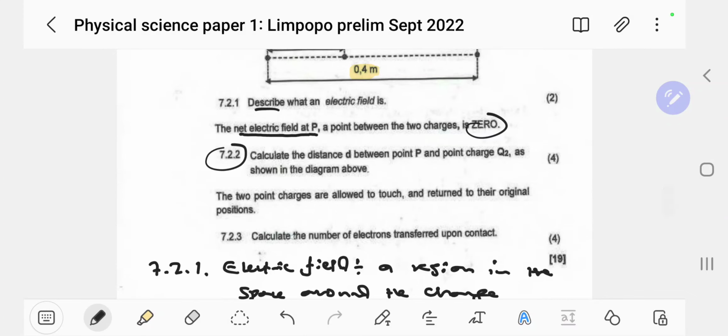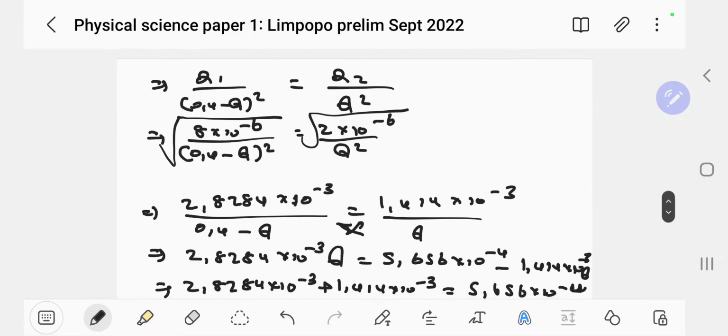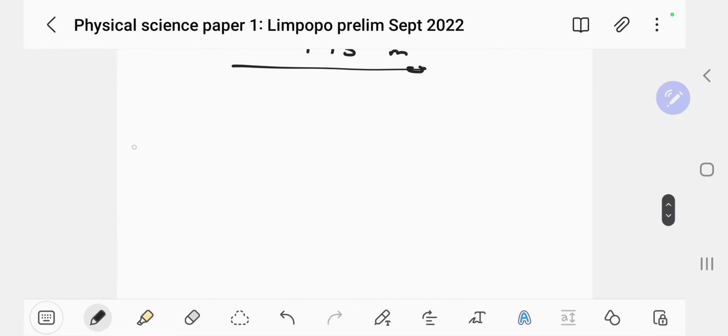Let's look at this one. Now the two point charges are allowed to touch and return to their original positions. Calculate the number of electrons transferred upon contact. Again, 4 marks, that means 2 steps again. Alright, 7.2.3. First of all, we can see that the new charge is going to be Q1 plus Q2 divided by 2.